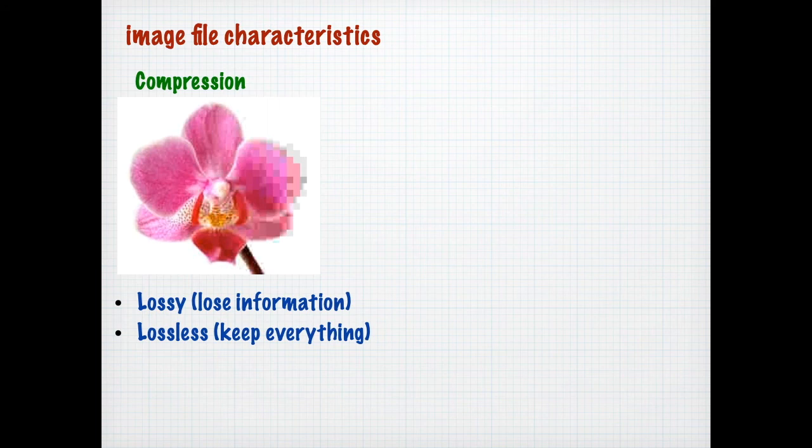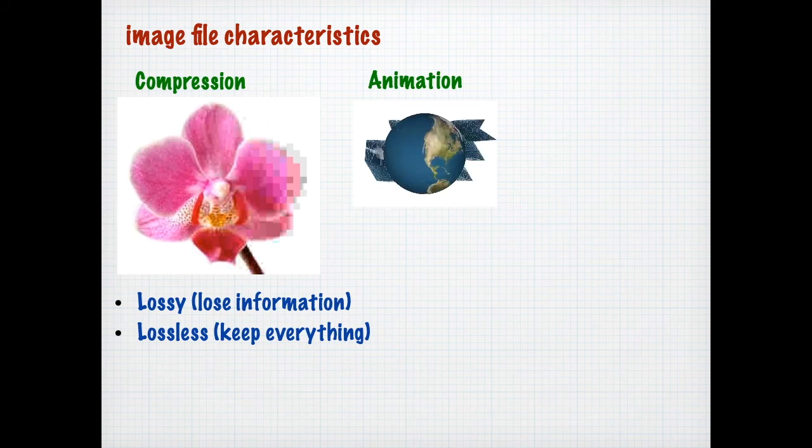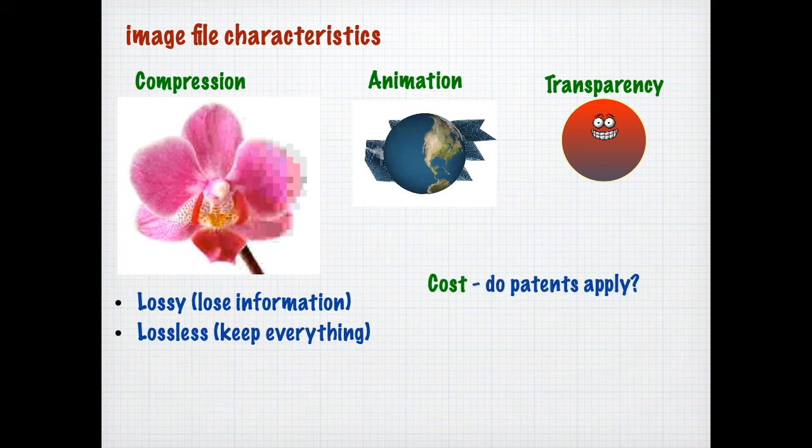So that's the first image characteristic, compression. You could have animation, for example, just something like that. This idea that there'll be movement inside the file type. You could have transparency. So obviously you can have a see-through background, or different parts of the image are see-through. Finally, there's a question.